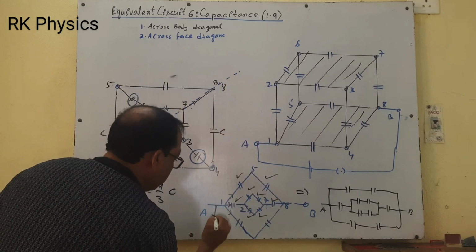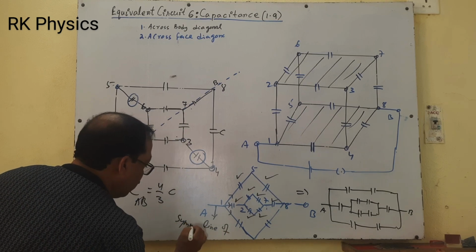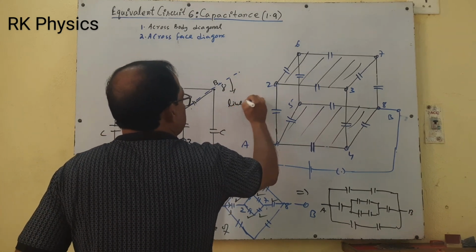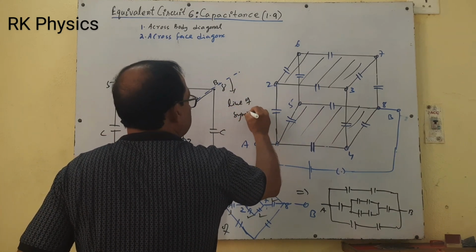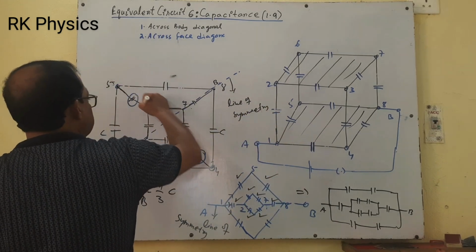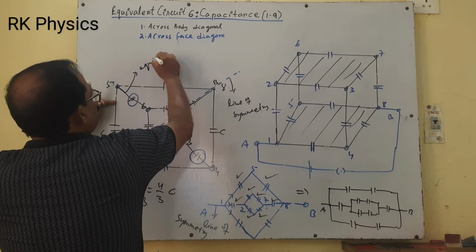I am taking this line as the line of symmetry, and perpendicular to this line, the diagonal points are equipotential.